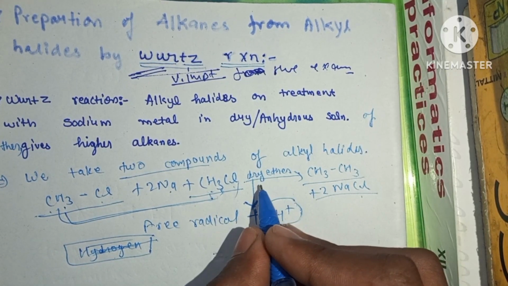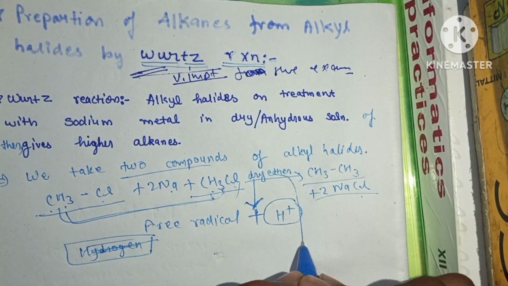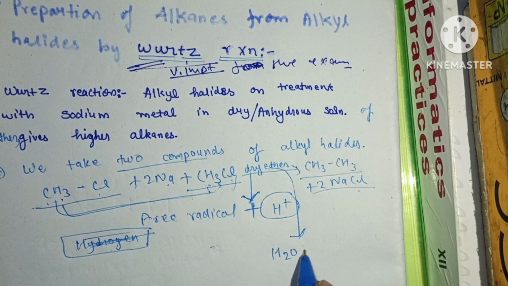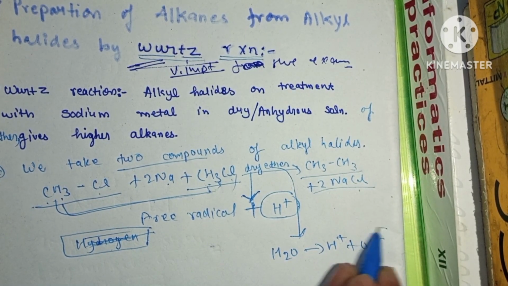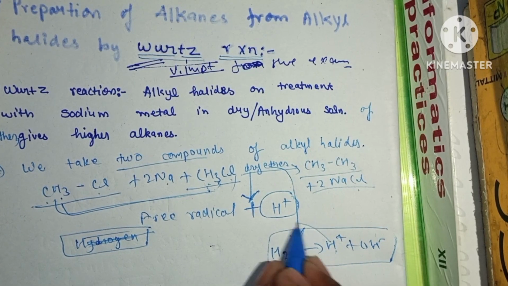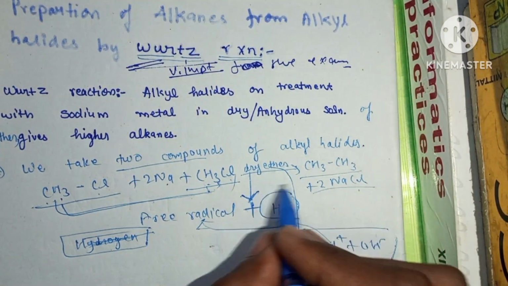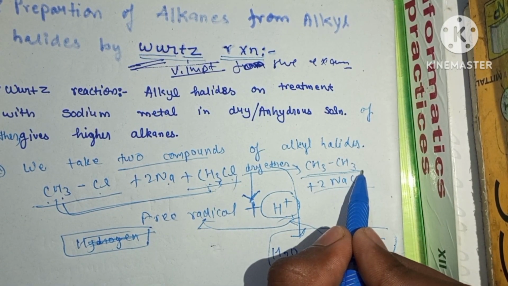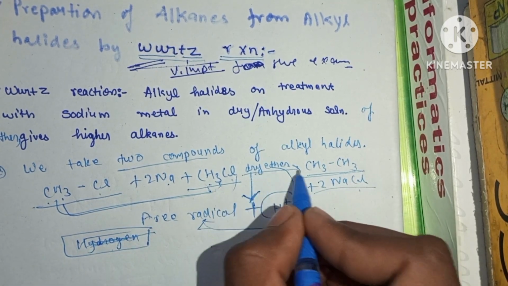And if we take hydrated ether, then water will be present, and water means H2O, this is H plus OH minus. So this H plus will very easily react with the free radical and the alkane is not formed here. So the unwanted output will come here. But we want alkane, so we will take dry ether.